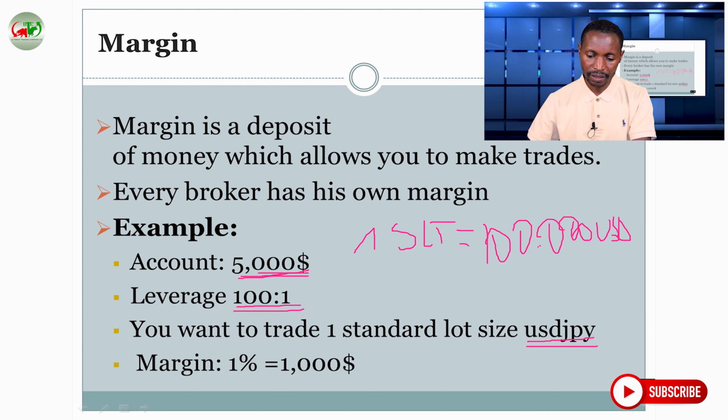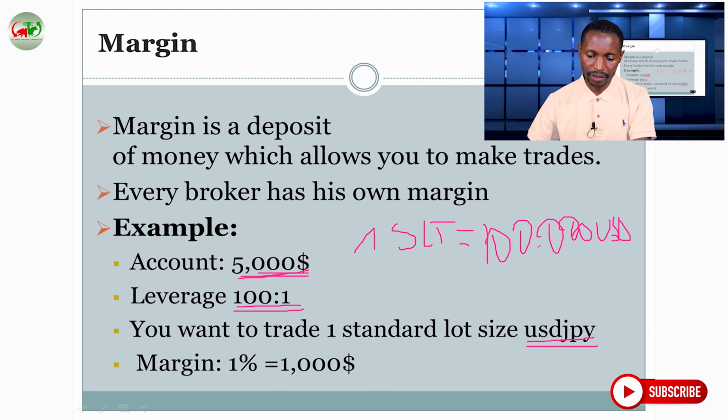This clearly means that from your $5,000 account, your Forex broker will only put aside 1,000 US dollars for this particular trade, and will give you the capability to trade 100,000 US dollars.